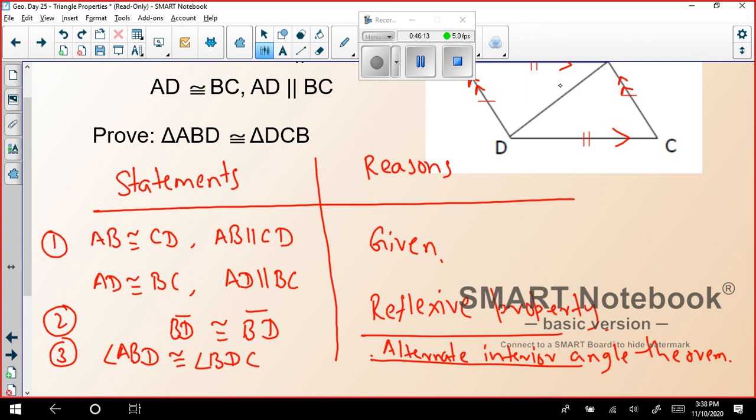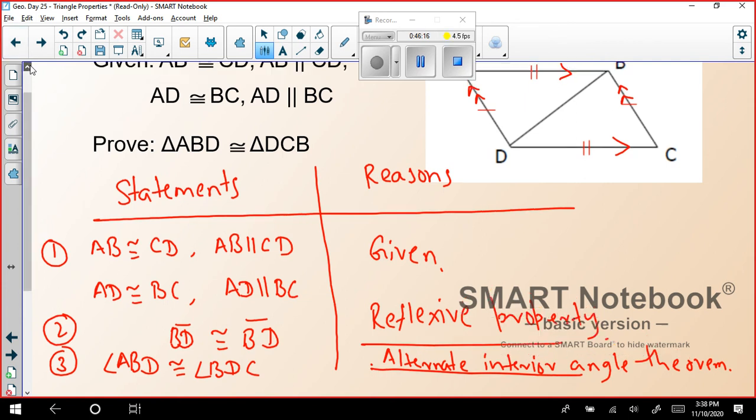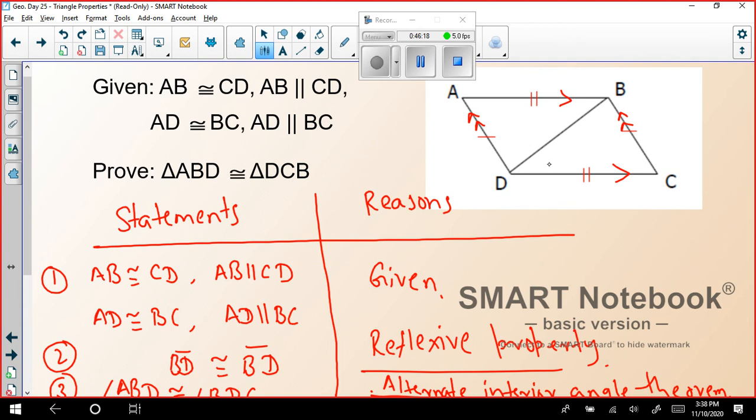We had these two lines parallel. So therefore angle ABD and angle BDC will form alternate interior angles. These will act like parallel lines and this BD will act like a transversal, and these two are alternate interior. So alternate interior angle theorem. Same way I can say that these two are also congruent by alternate interior angle theorem, because they have given us that these two are parallel lines. So just tilt the figure and see that these two are parallel lines.